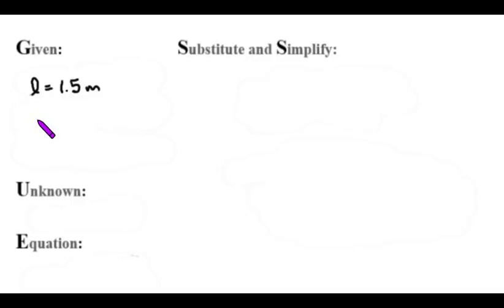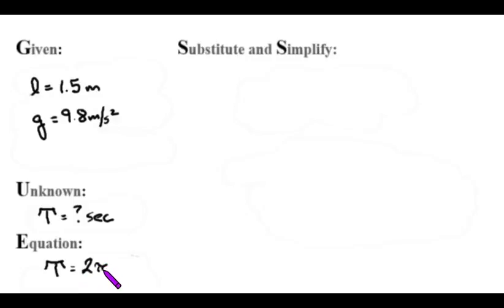And I know that gravity is 9.8 meters per second squared on Earth. The thing that I'm looking for is period, and that's in seconds. And period equals 2 pi times the square root of L over G.